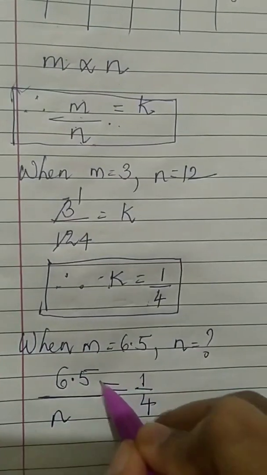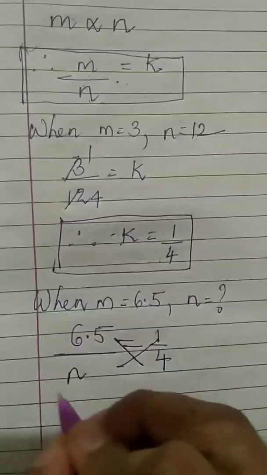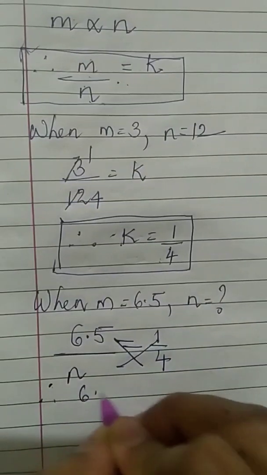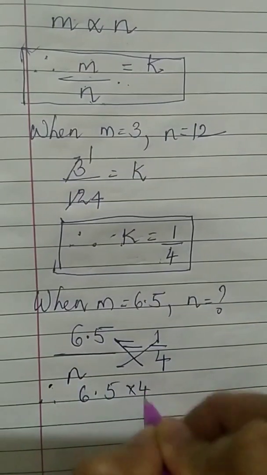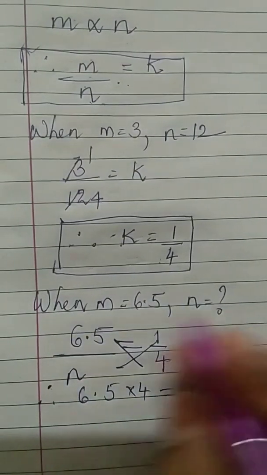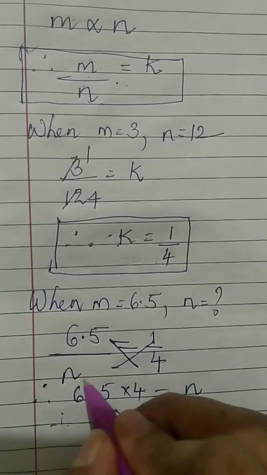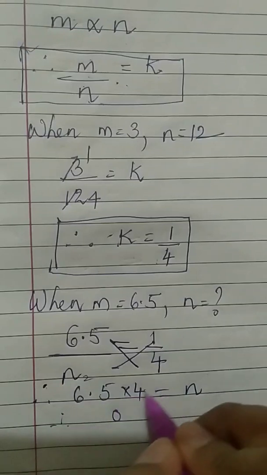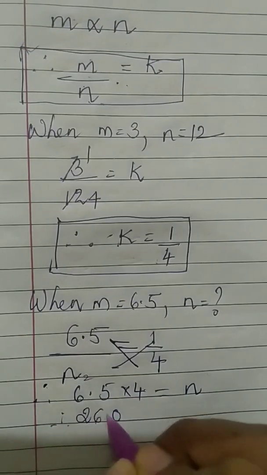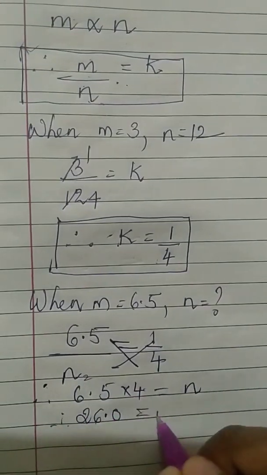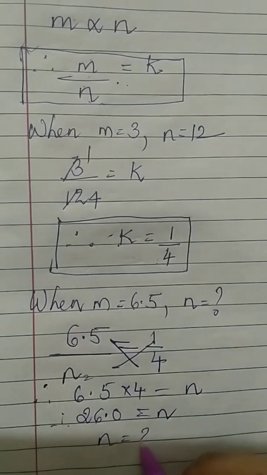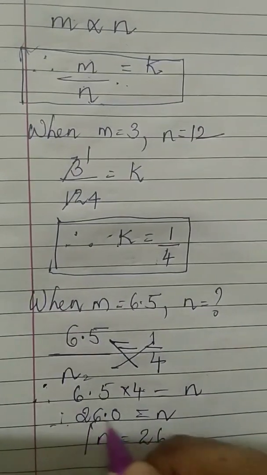Now cross multiply. Therefore, 6.5 into 4 is equal to n. So 6.5 into 4, 5 fours are 20, carry 2. 6 fours are 24, 26 and a decimal point. So you got n is equal to 26.